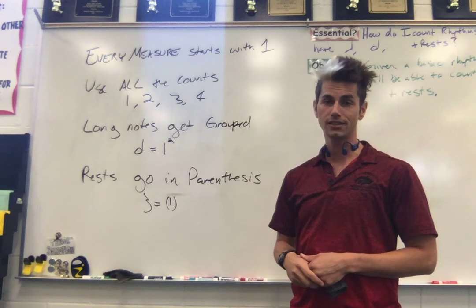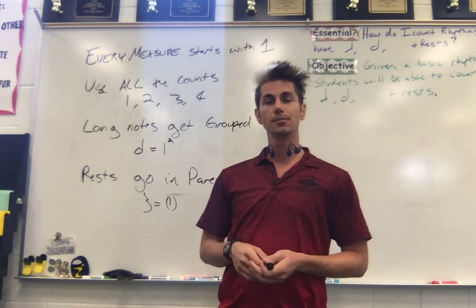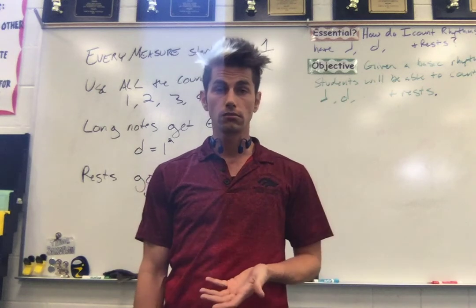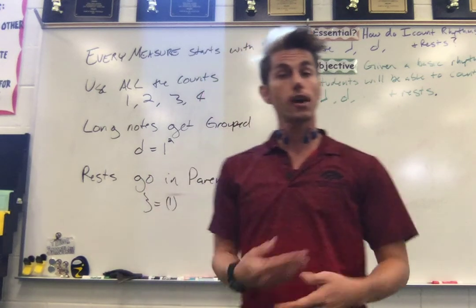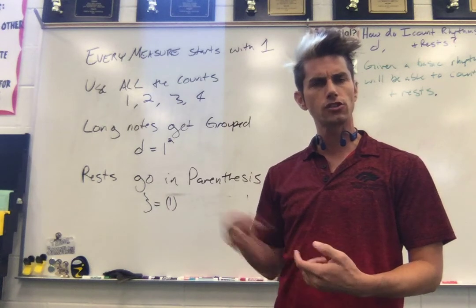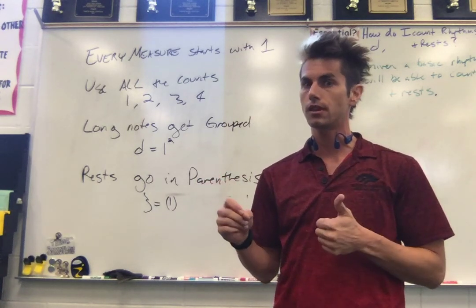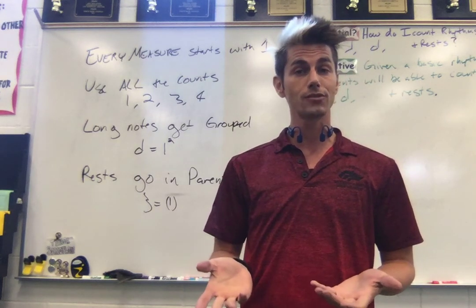So those are the basics for counting rhythms. If you have a question, rewind the video. That's the beauty of technology. Rewind the video, go over it again, thinking about your question. Maybe write down the question so you don't forget it while you're watching. It's always a great thing. And that's our little mini lesson today on rhythms. Thanks for being here. Thanks for being you.